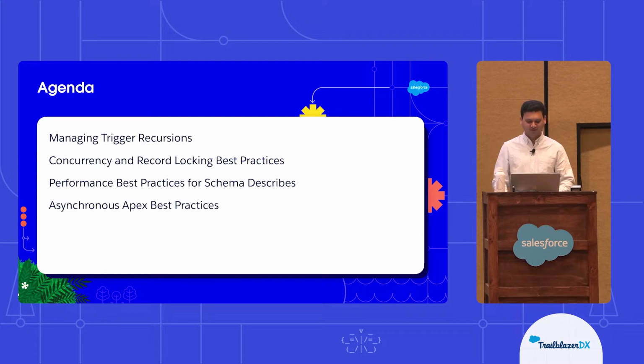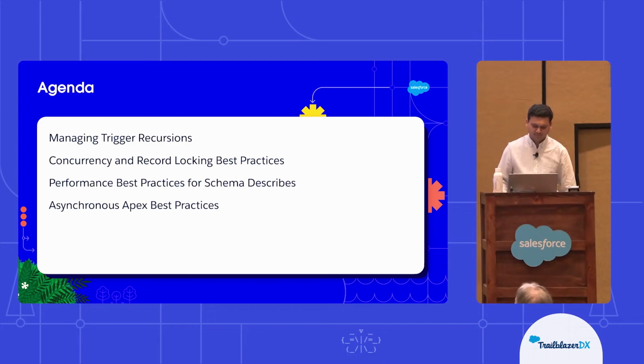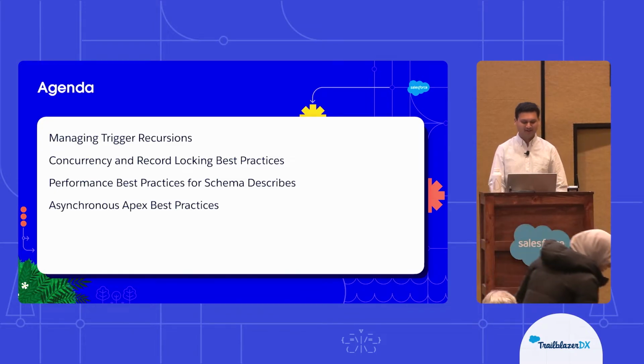Okay, a handful. Concurrency and record locking issues. Okay, a lot of you. We're going to talk about that, and best practices to resolve them. Using schema describes in your org and having performance issues. Okay, many of you. We'll take a look at that.